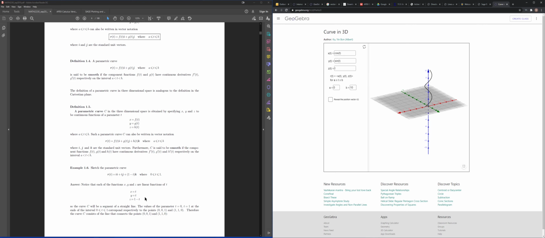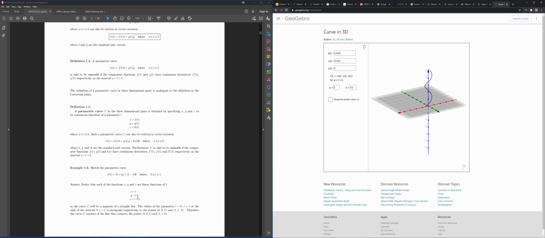What you want to notice is that this is t to the power 1, likewise this is t to the power 1, and this also is t to the power 1 with a constant over there. So what that means is that everything over here is linear, and roughly what that means is that you have no t squared or t cubed or square root of t or cosine of t. It's just t.